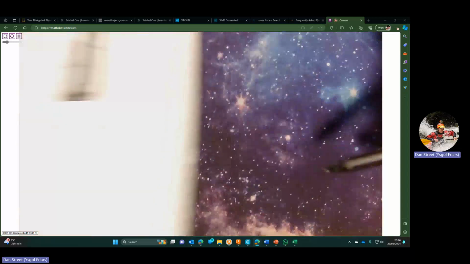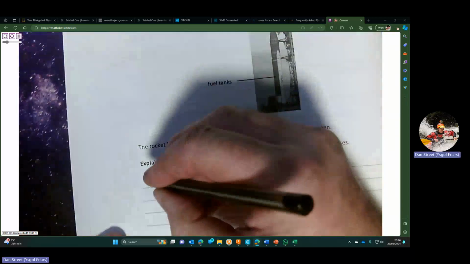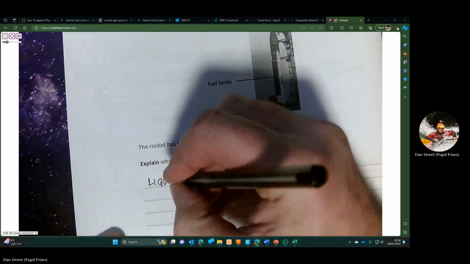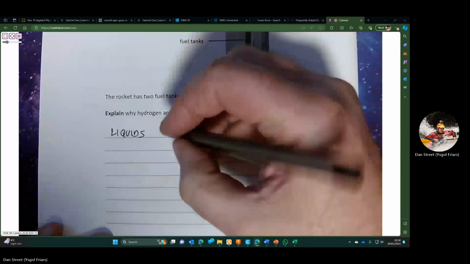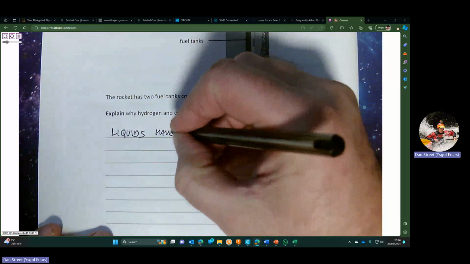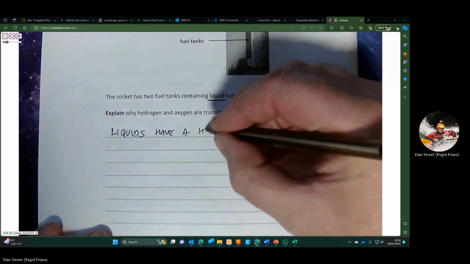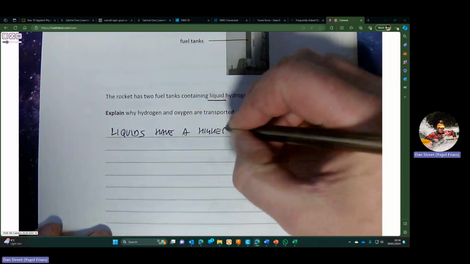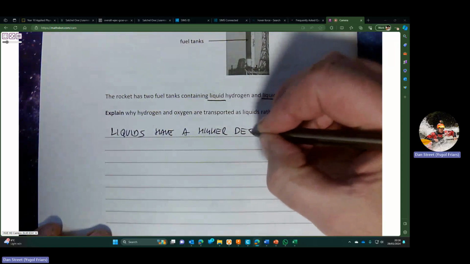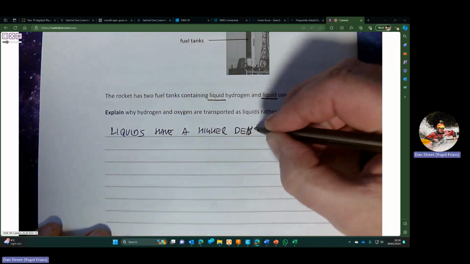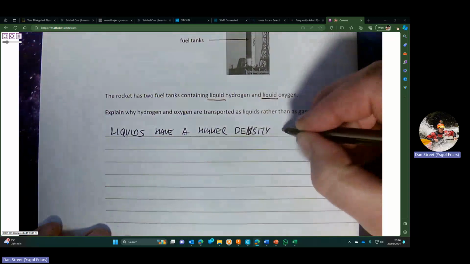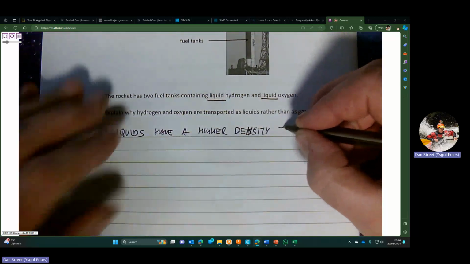So we could say that liquids have a higher density. Going back to the previous question about density, it means that there's more particles squashed together. So a higher density than gases.